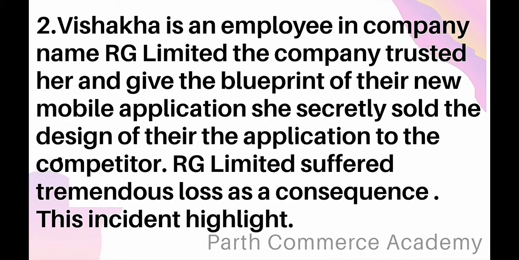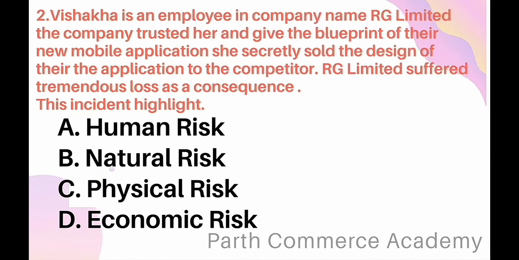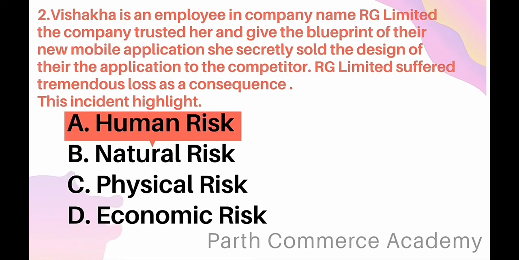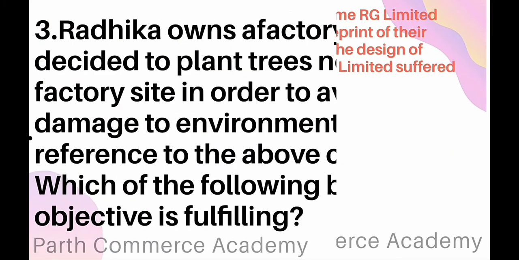This incident highlights what? Human risk, natural risk, physical risk or economic risk. Here we know that due to the dishonesty of Visakha, this incident happened. So the answer is human risk.